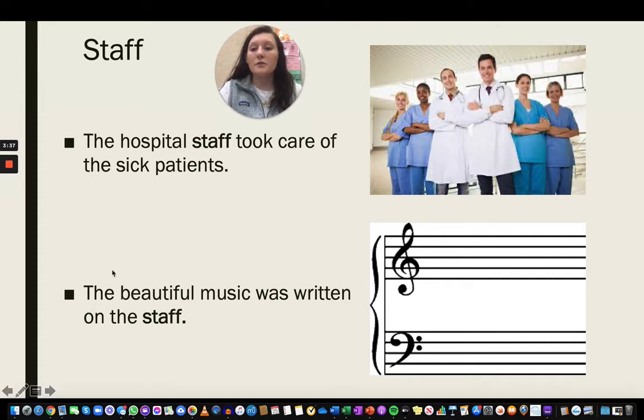The other meaning of staff is when we are talking about music. The beautiful music was written on the staff. If you remember back a few weeks in one of our fine arts lessons, we talked about the bass clef and the treble clef, which are placed on the staff, which is the lines here.